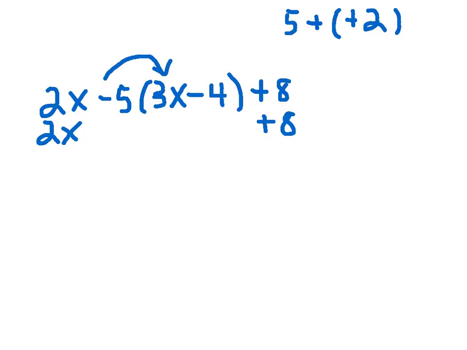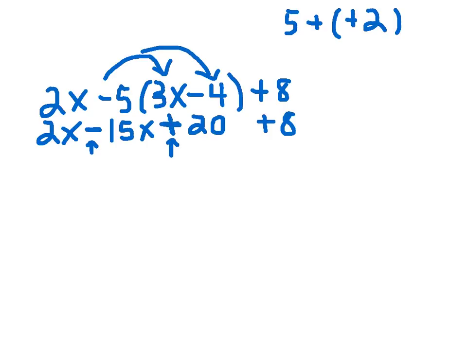So negative 5 times positive 3x is negative 15x. Negative 5 times negative 4 is positive 20. And this sign here is negative because negative 5 times positive 3 is negative, so it makes this sign in front minus. Negative 5 times negative 4 is positive 20, so it makes that sign in front plus. When we're done, we simply combine the like terms.